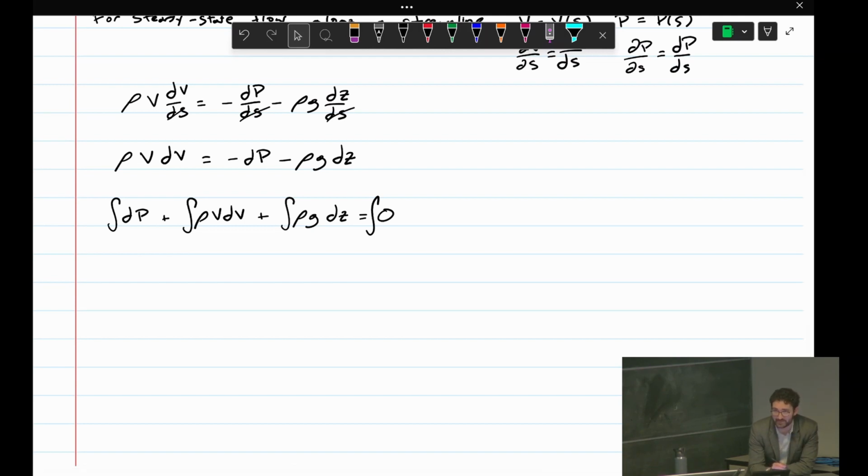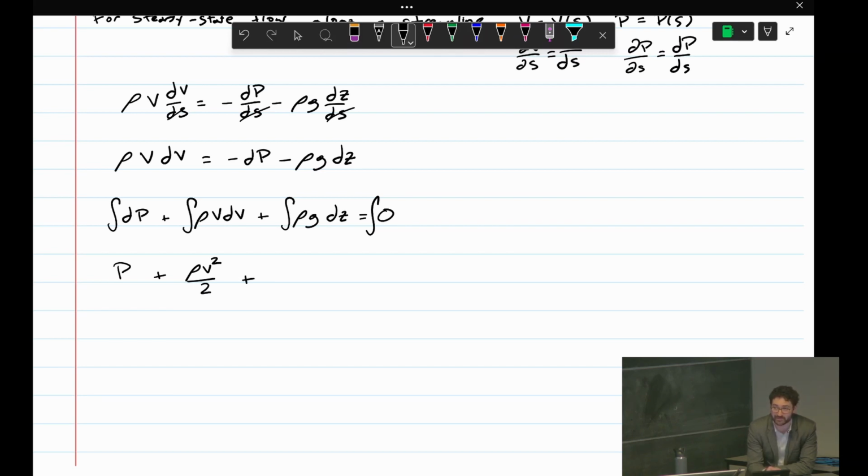What's the integral of dp? It's not a trick question, just p. What about rho v dv? Rho v squared over 2, I think I heard. Okay. What about rho g dz?